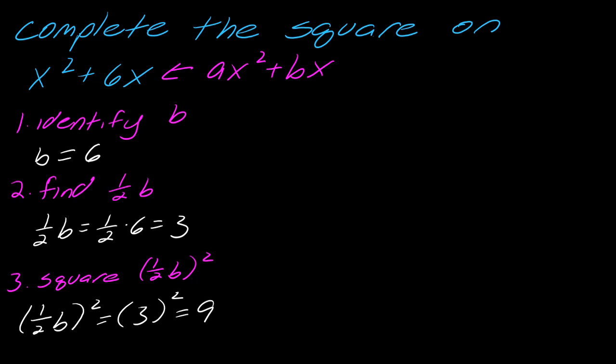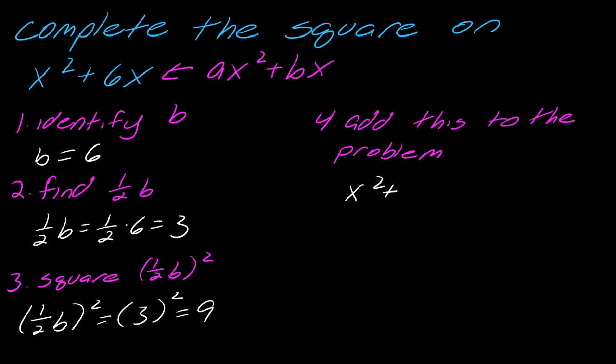Then I want you to add this to the problem, and this will be the part that makes no sense. So just go with me for a second. I'm trying to get you in a certain rhythm, and then we'll make way more sense of this down the line. So this is x squared plus 6x plus 9.